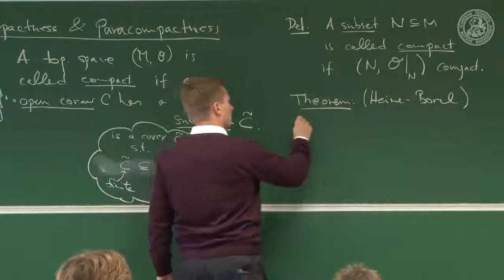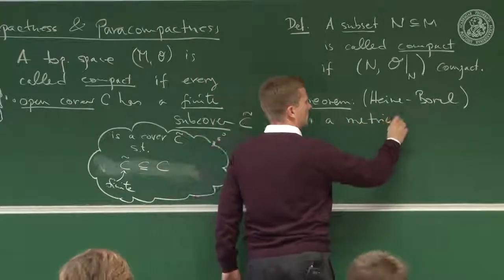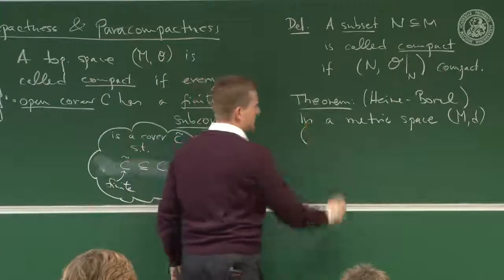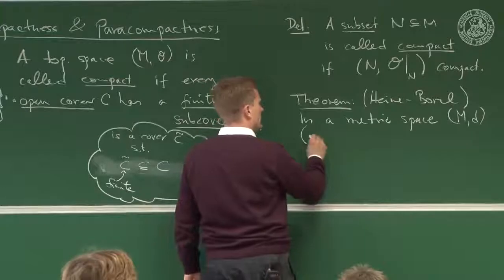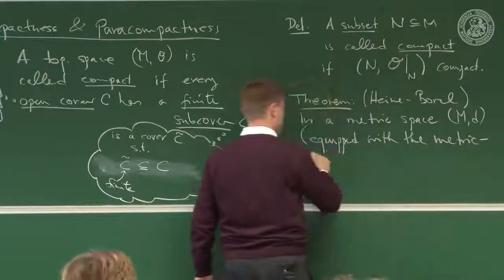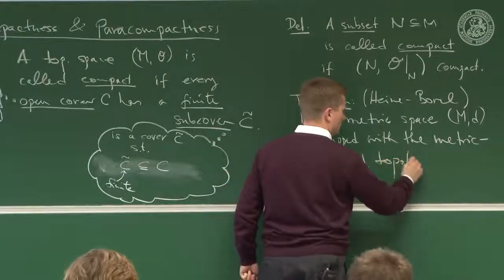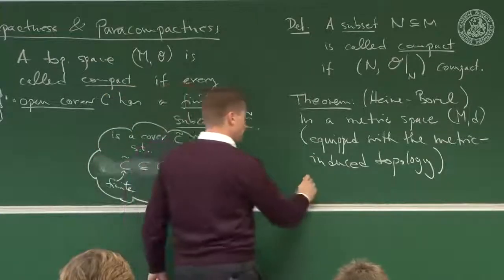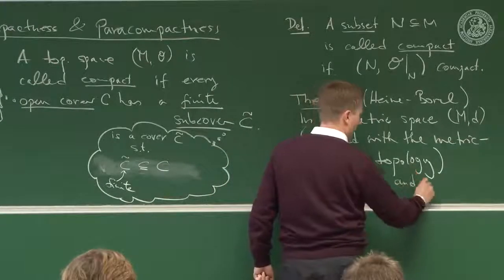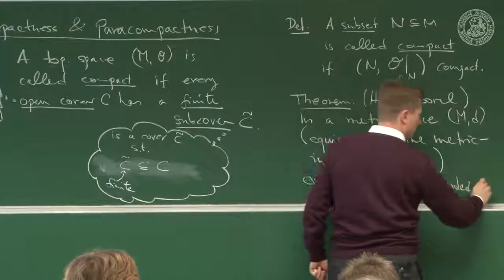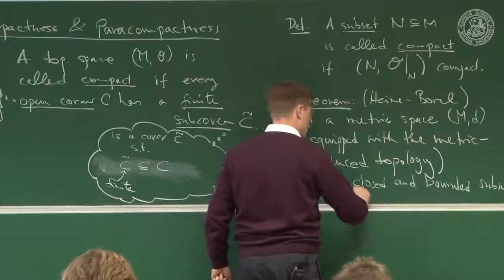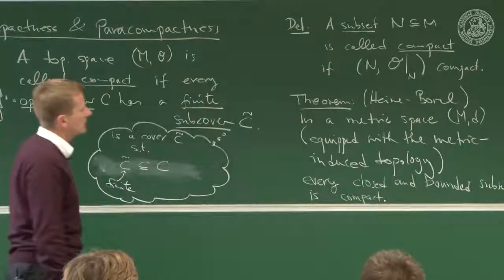And that says, in a metric space (M, d), and if we say in a metric space and we talk about topology, we always assume that it is equipped with the metric-induced topology, every closed and bounded subset of M is compact. Okay, in a metric space.